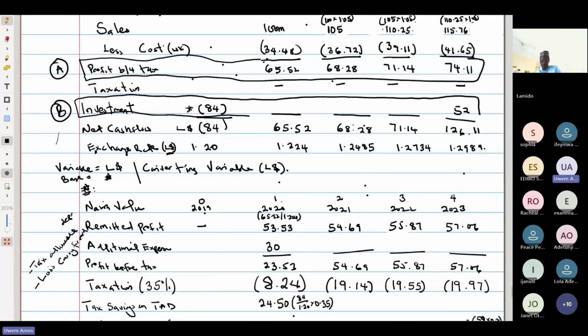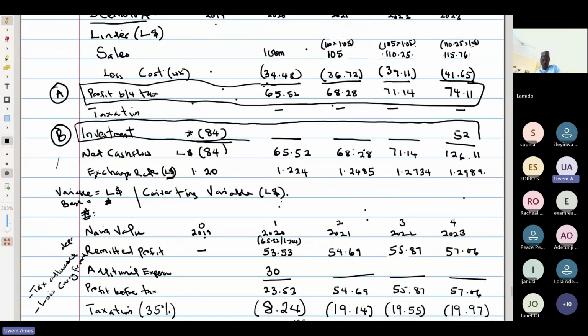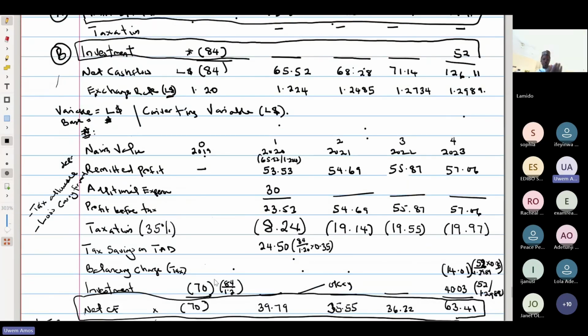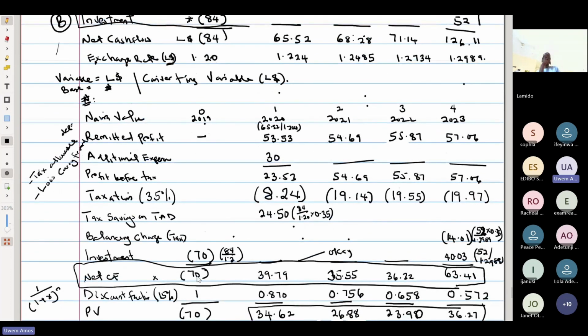So the only difference will just be that this one, sorry, this should be in brackets, the loss will increase by 30, and this will be 53. So it's more like the 30 is just a swap. So this would be 100, and this will increase because you're no longer subtracting 30 here.